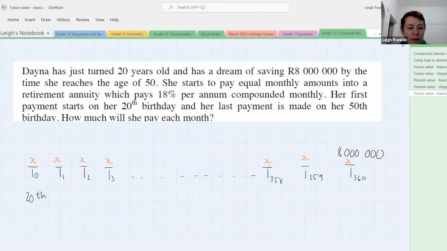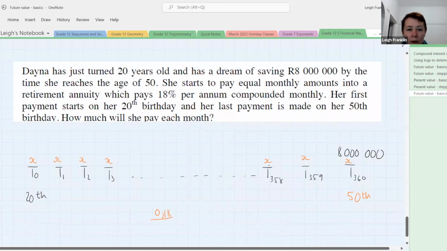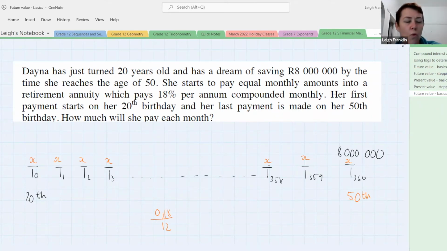Our interest rate from start to finish is 0.18 compounded monthly. Even though you don't get any marks for setting out a timeline like this, I think it's a nice thing to have because it allows you to visually represent what it is that you need to write.